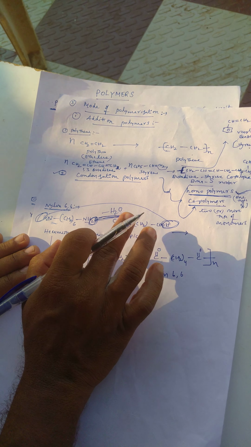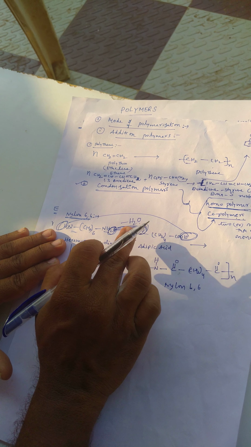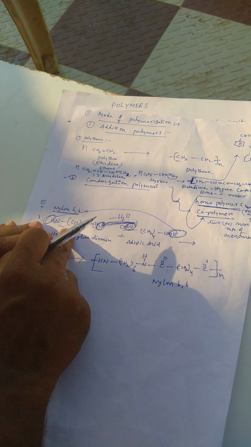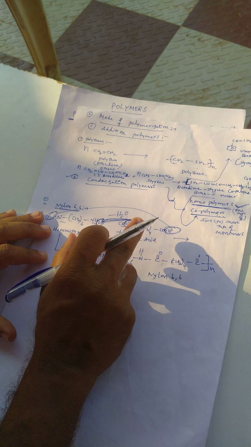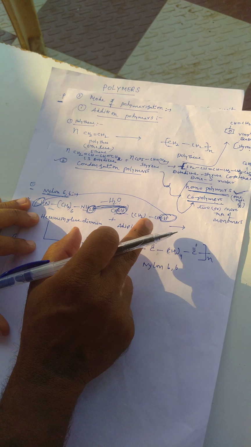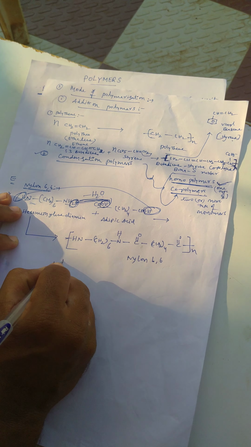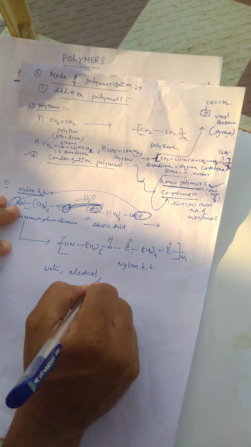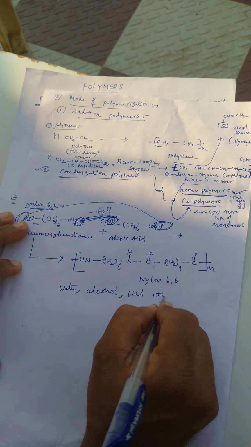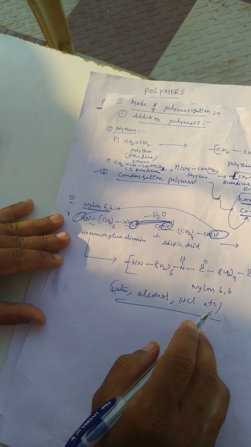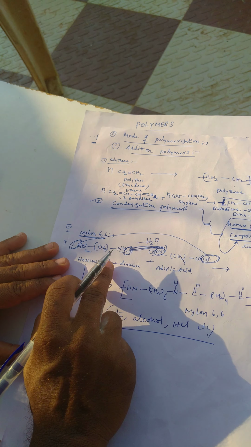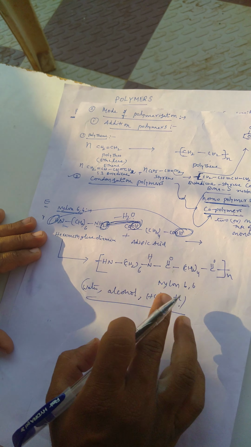In this, the elimination of small molecules such as water, or alcohol or hydrogen chloride, will happen. Then only it is called condensation polymerization.